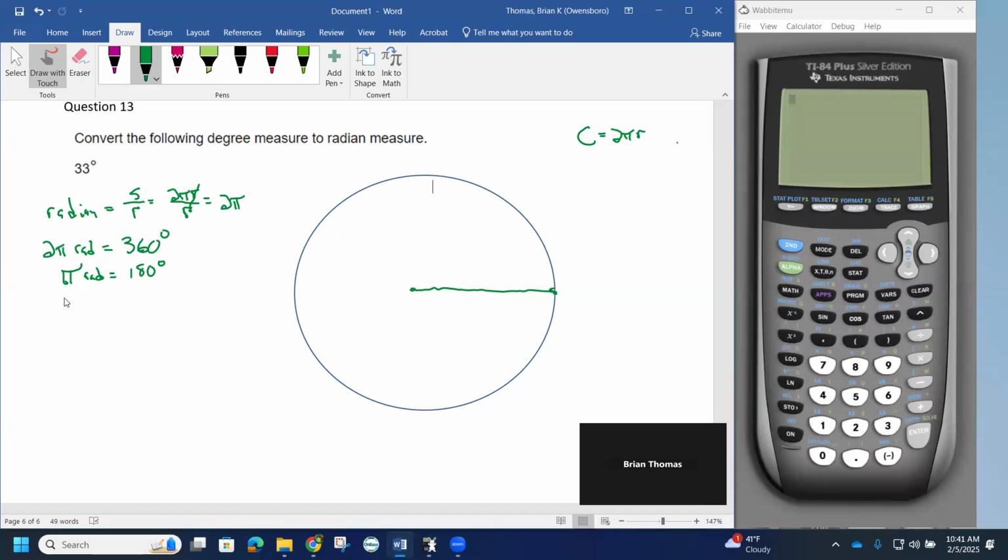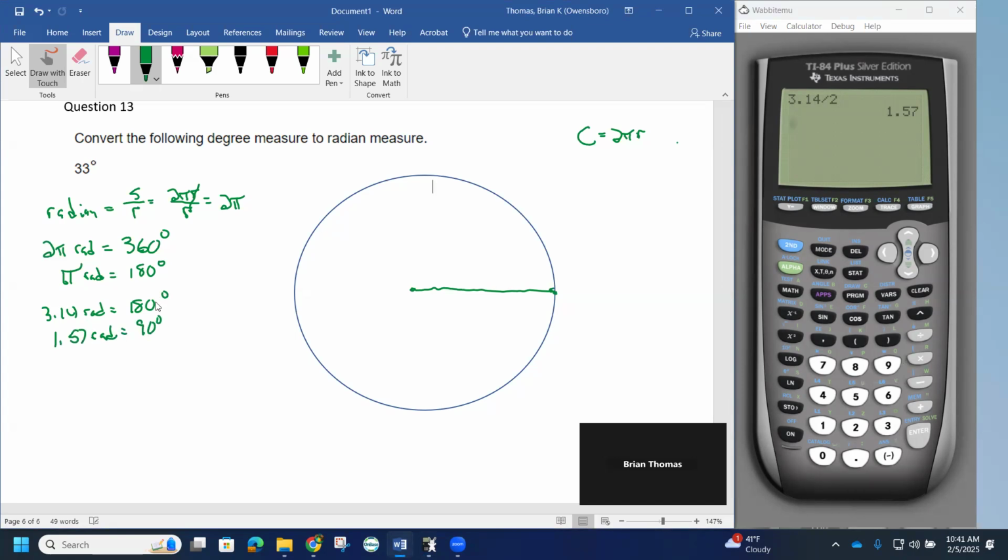Now, remember, pi is about 3.14. So 3.14 radians is about 180 degrees. And if I divide those both by 2, 3.14 divided by 2, I could say 1.57 radians is about 90 degrees.